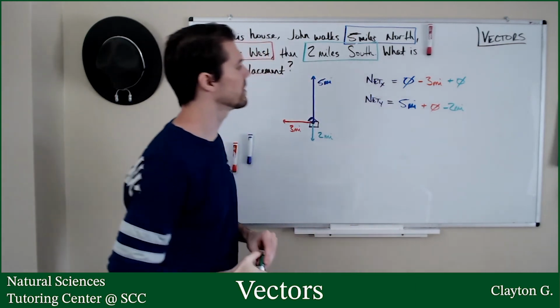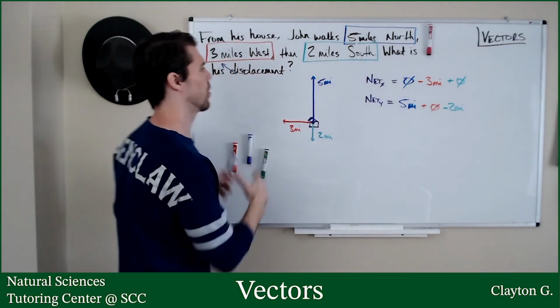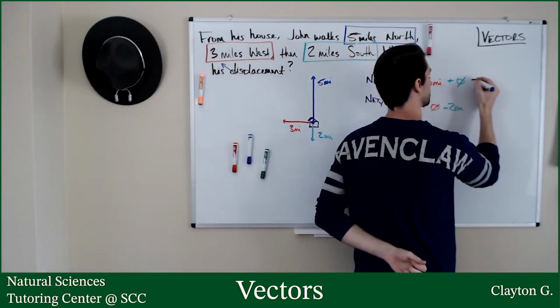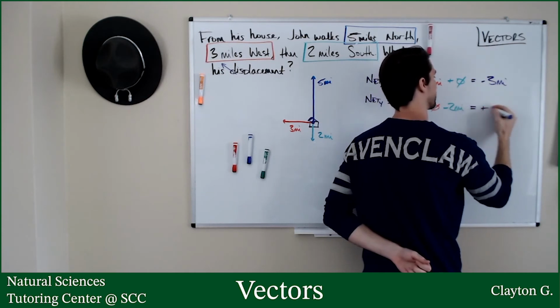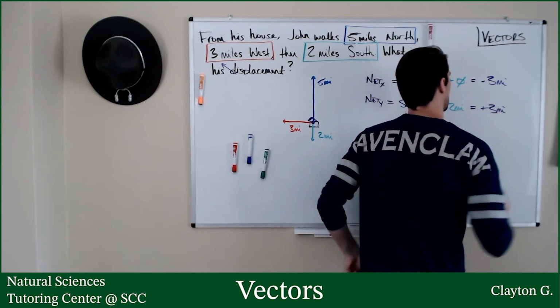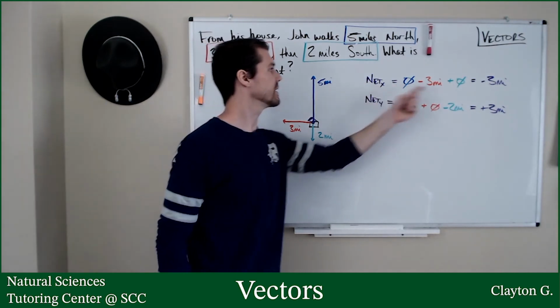And once again, here we see, yeah, we're going to get the exact same thing that we already had. So negative 3 miles and positive 3 miles. Alrighty, so now my net x is minus 3.